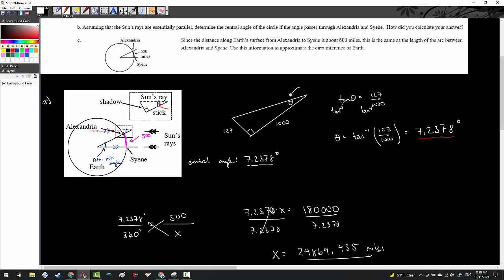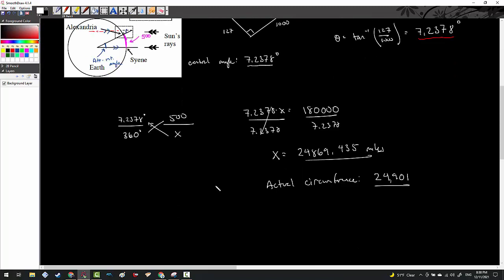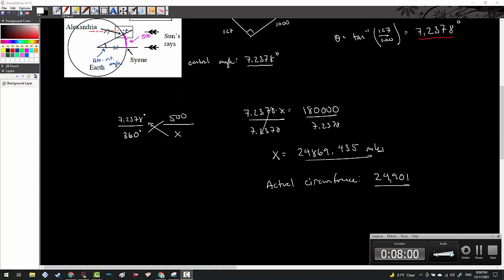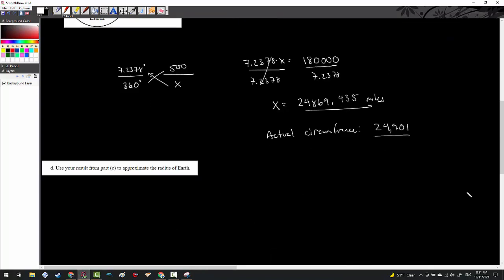So now we're going to go to part D for a second here, and we will go from there. Give me a second. It says to use your result from part C to approximate the radius of Earth. So circumference is equal to 2 pi r. And so we know that r approximated, and I'm not going to use the actual circumference because this is our approximation right here.